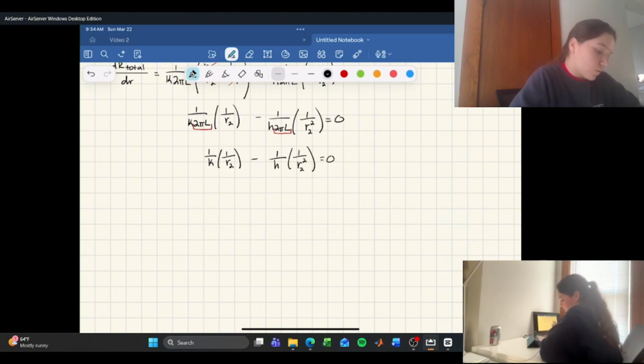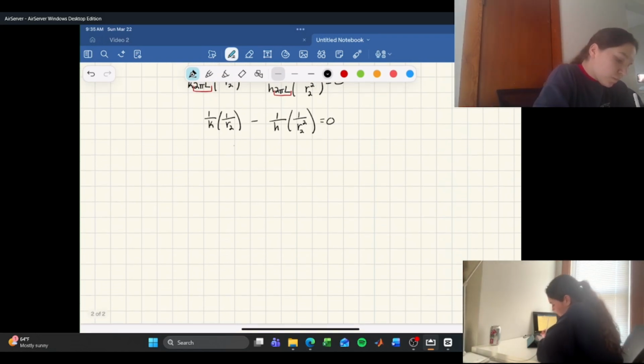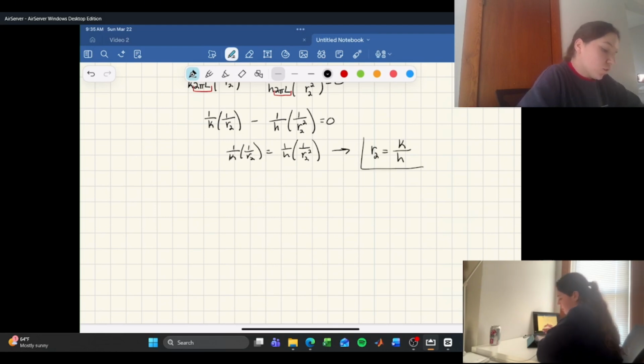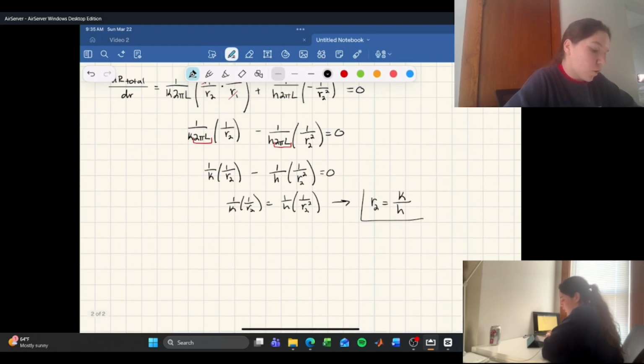And now we're trying to solve for R2. So let's subtract this over. Okay, and then when we solve for R2, we're going to get that it's the thermal conductivity over the heat transfer coefficient. So the first derivative, when we solve for R2, is going to tell us how much insulation we can add.